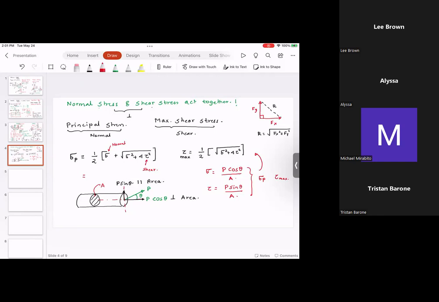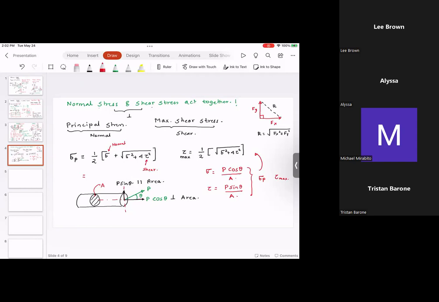Now the question here is, the principal stress or tau max comes into existence because normal and shear stresses, both these stresses, act simultaneously. If they did not act simultaneously, there is no way a principal stress can come into existence.